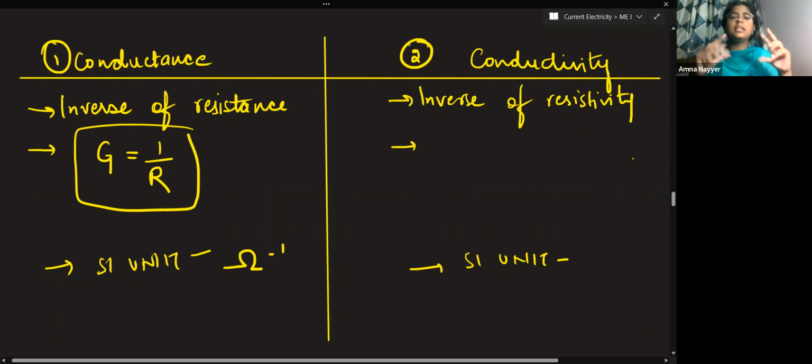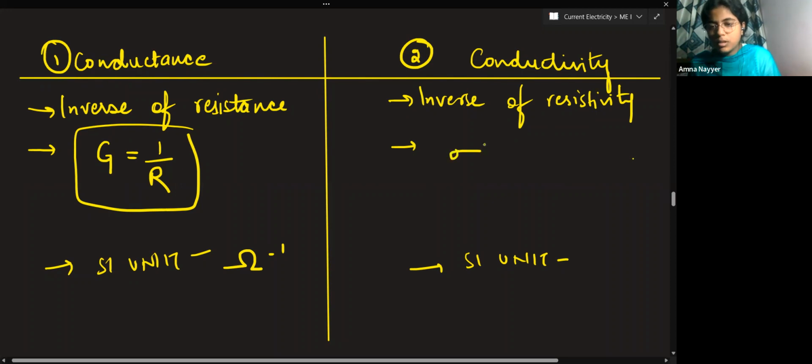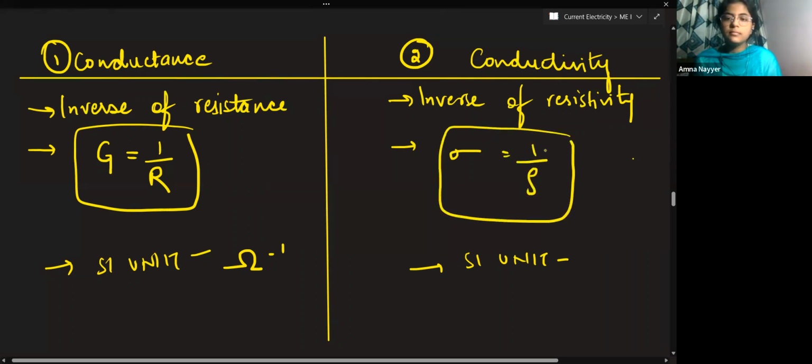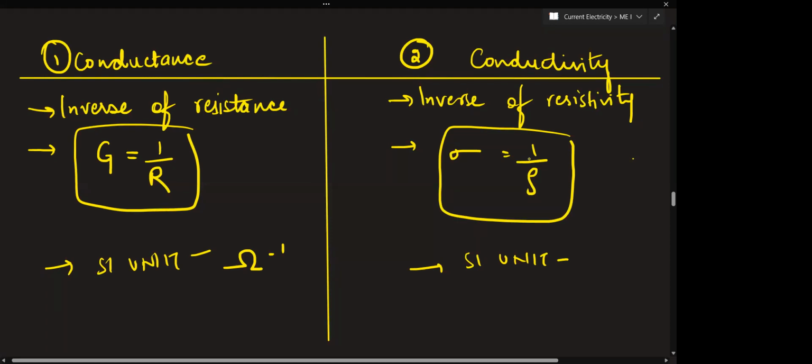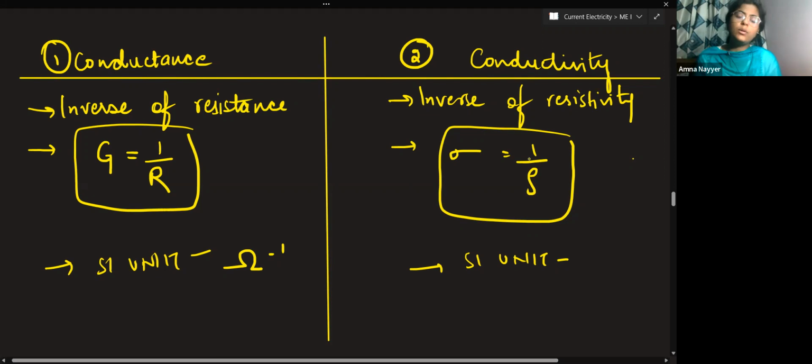Conductivity is the inverse of resistivity, denoted by the symbol sigma, that is 1 by resistivity. The SI unit of resistivity, which we saw in the last class, was ohm meter, so the SI unit of conductivity becomes ohm inverse meter inverse.